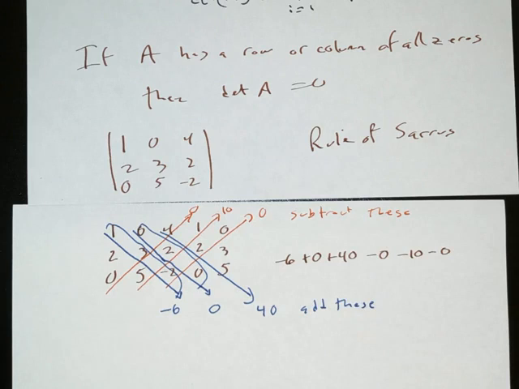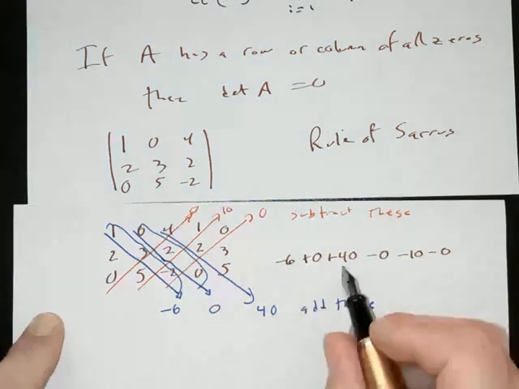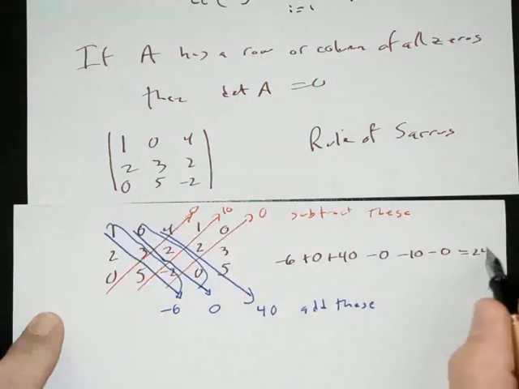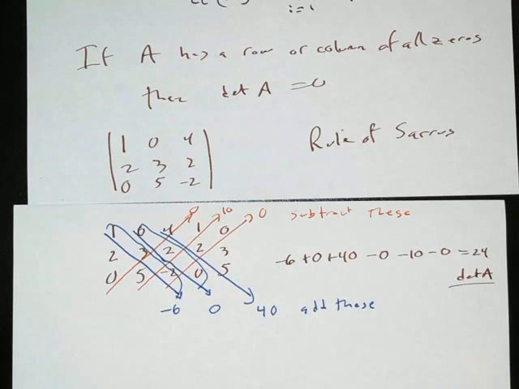The 3 numbers that went down are all added on. The 3 numbers that went up are all subtracted. -6 plus 40 minus 10 is 24. That's the determinant of our matrix. 3 down, 3 up.